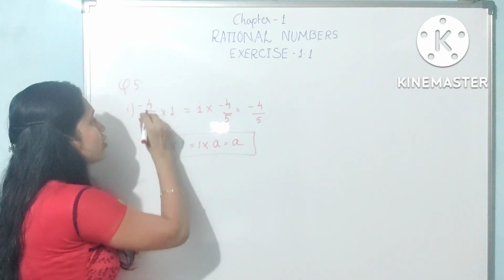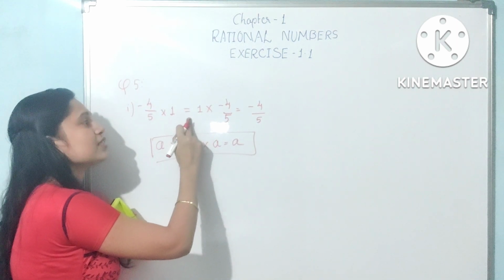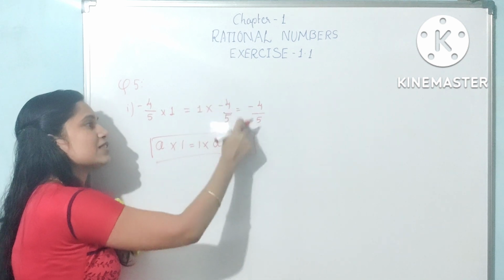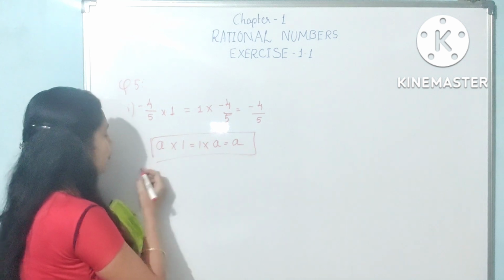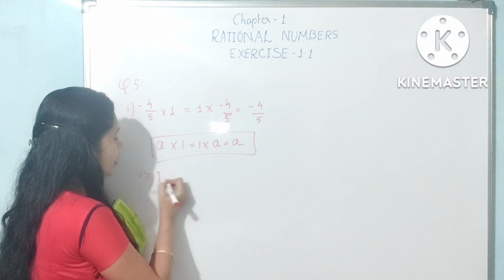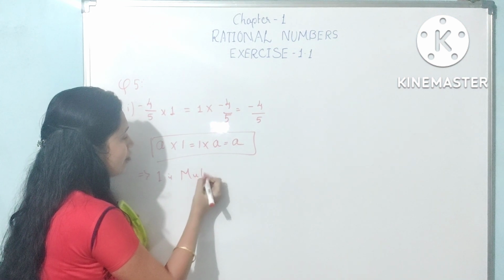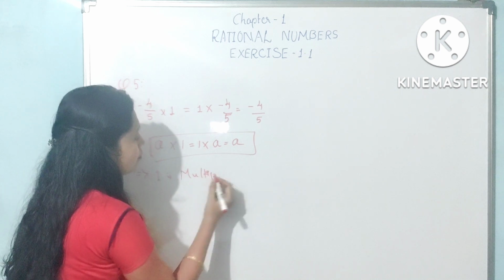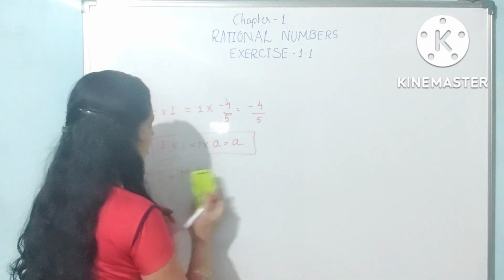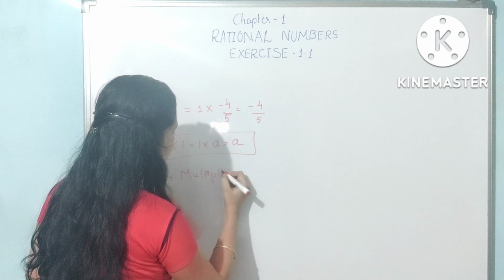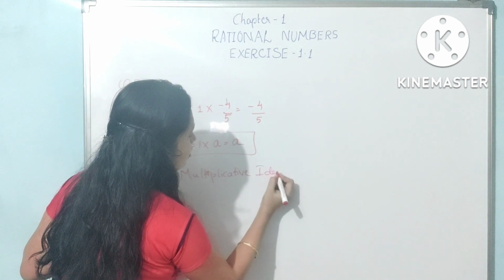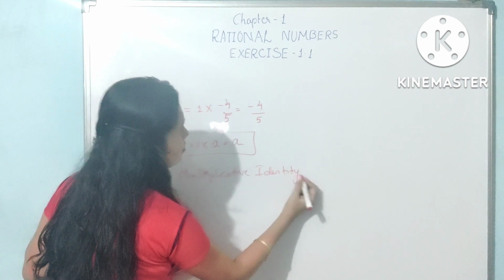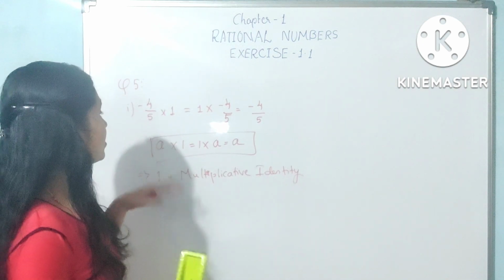See here, minus 4 by 5 into 1 is equal to 1 into minus 4 by 5, which is equal to minus 4 by 5. The same rule, right? So the property is multiplicative identity. Okay, multiplicative identity. The next one.